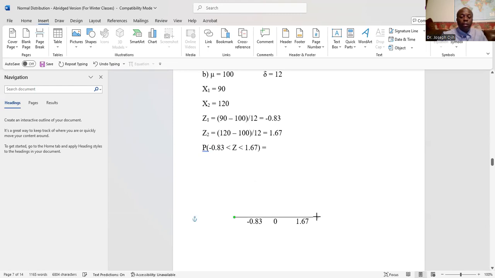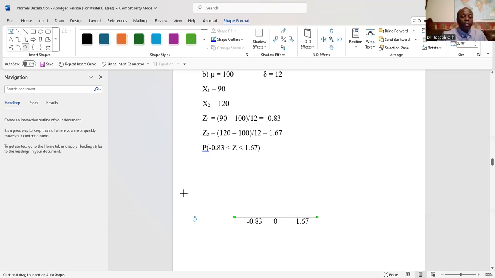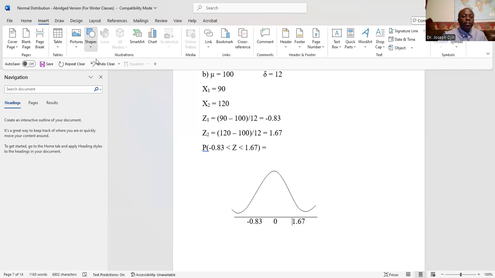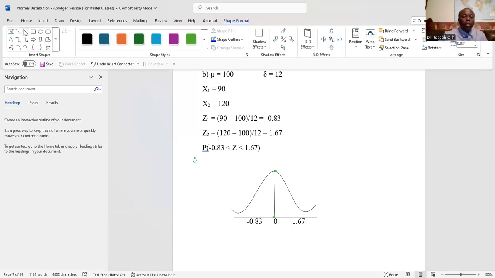Then we put the center line, and a line that represents negative 0.83 and a line that represents 1.67.